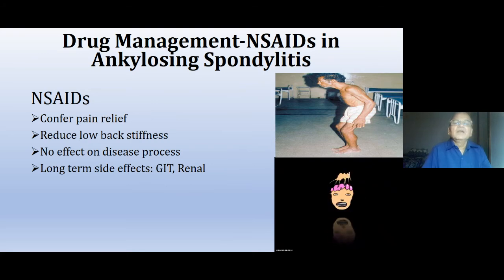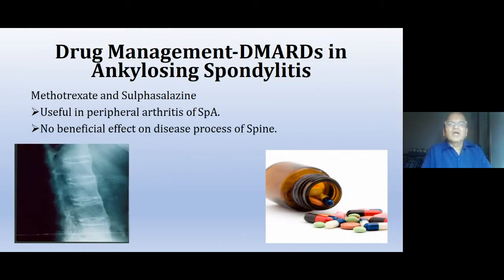Treatment of ankylosing spondylitis, you can give non-steroidal anti-inflammatory drugs for a short period of time, not more than 3 months, but they have no effect on the disease process. Now, a lot of people give disease modifying drugs in ankylosing spondylitis. I would like to tell you one thing very, very important.